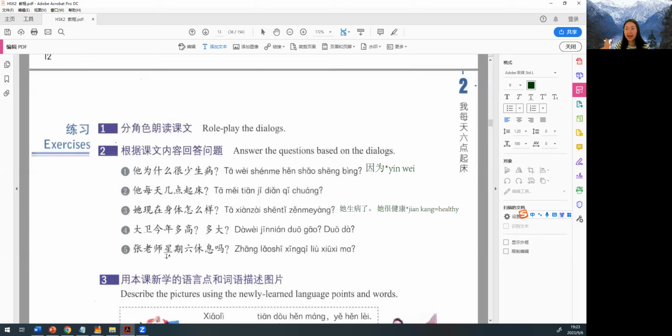So we can say 是的，张老师星期六休息. Or if we want to give a negative answer, we say 不是，张老师星期六不休息.